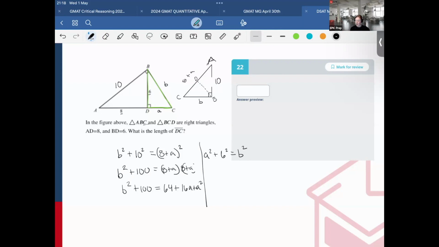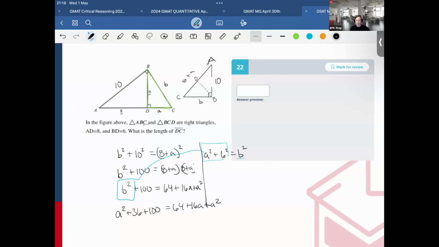I know from here that my b squared is equal to a squared plus 6 squared. So I can substitute that in here. That would give me a squared plus 36 plus 100 equals 64 plus 16a plus a squared. Subtract the a squareds from each side, they cancel.